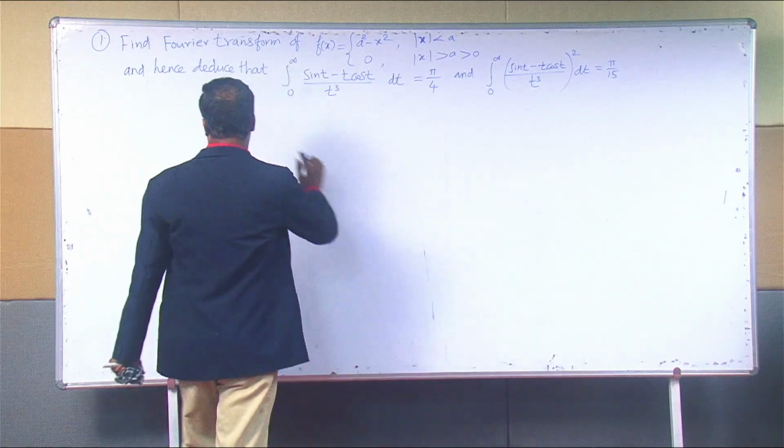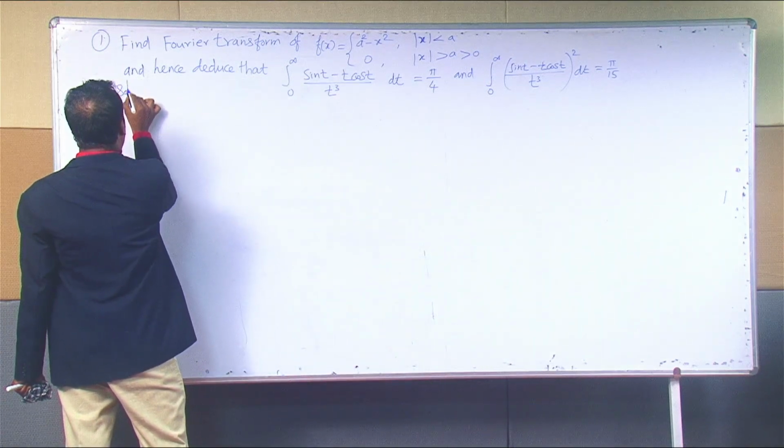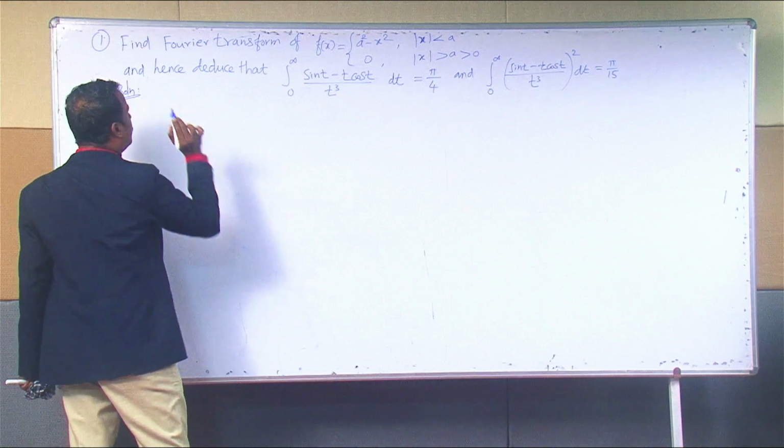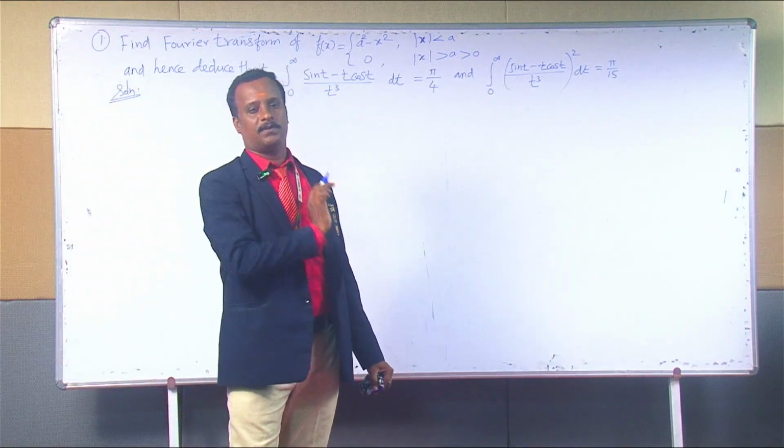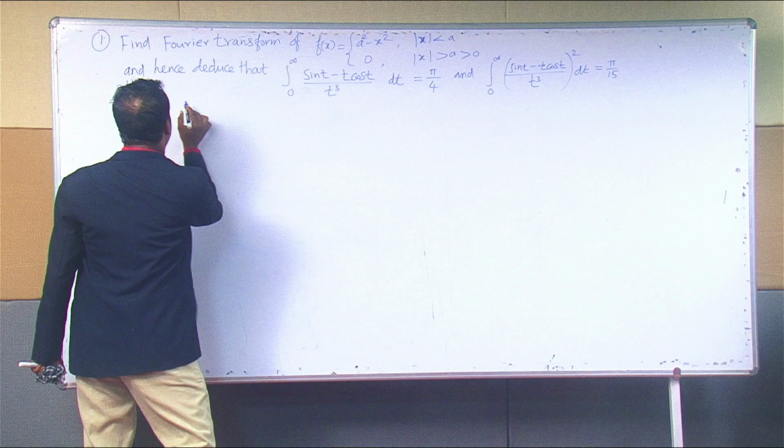First we have to solve the first part. What is the first part of the problem? First we need to find the Fourier transform of the given function. What is the formula for Fourier transform?